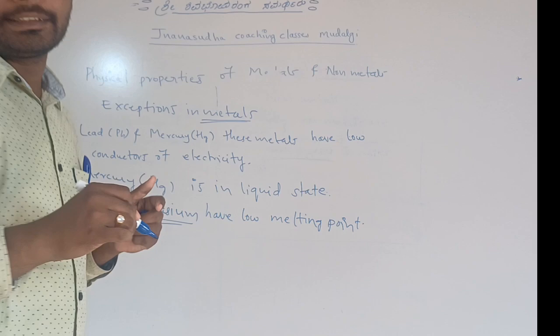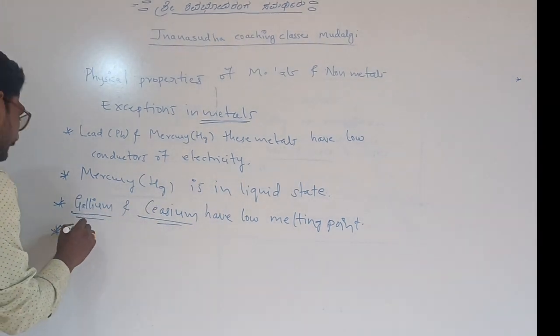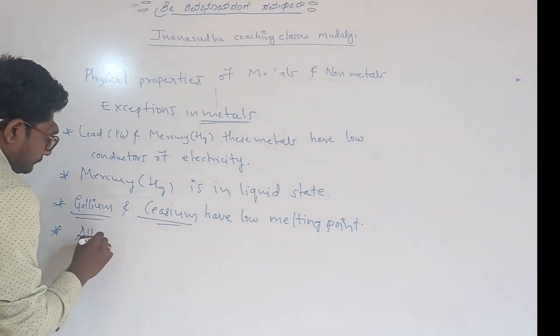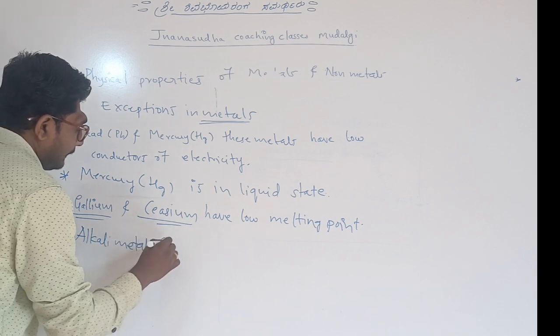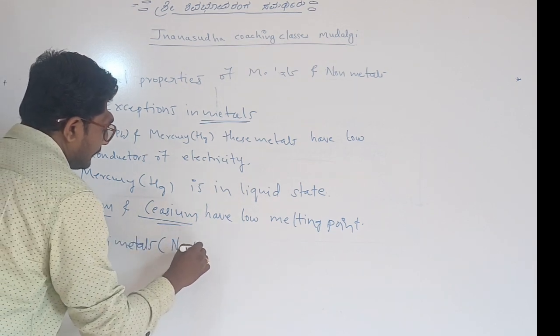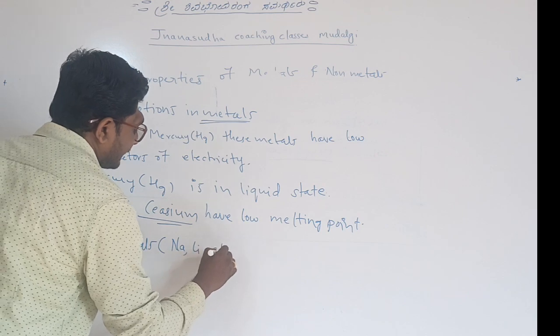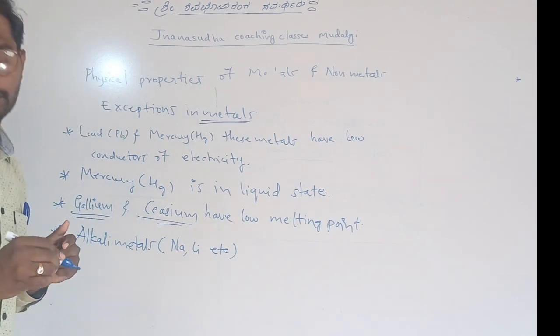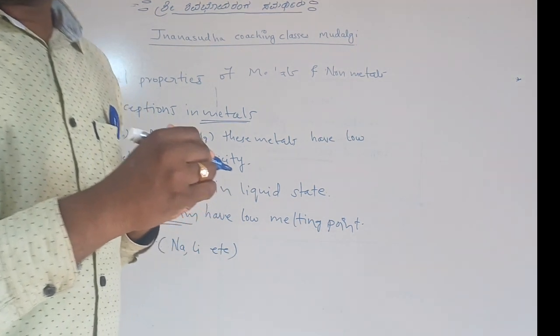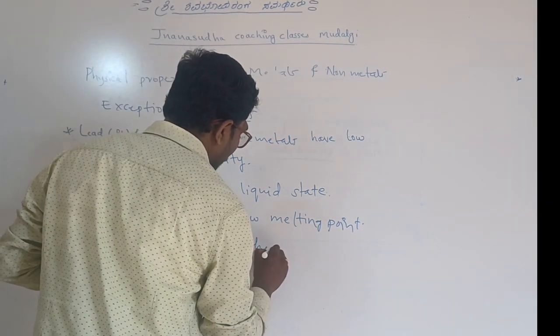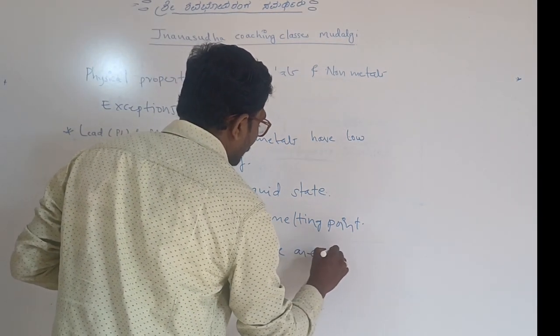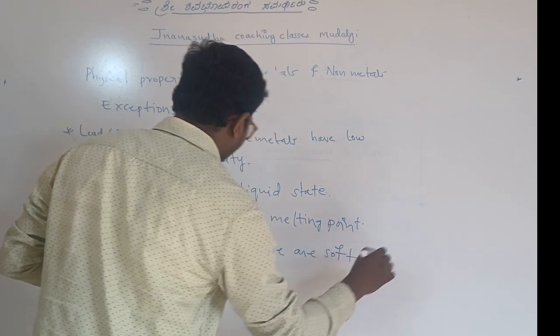Some alkali metals, sodium, lithium, rubidium, etc., are soft in nature.